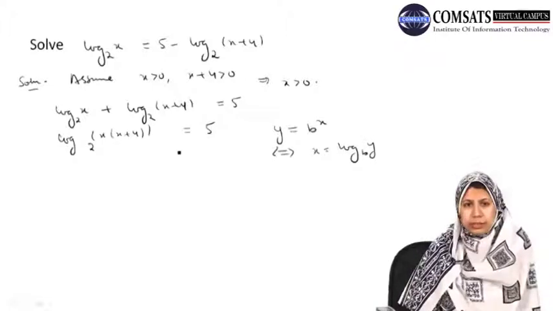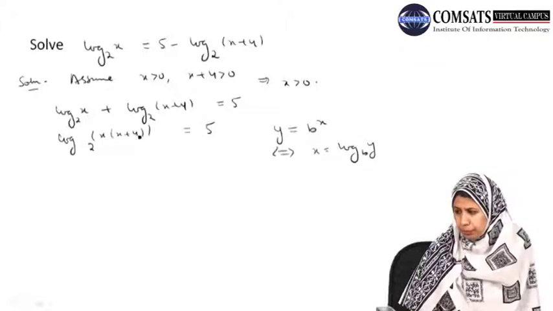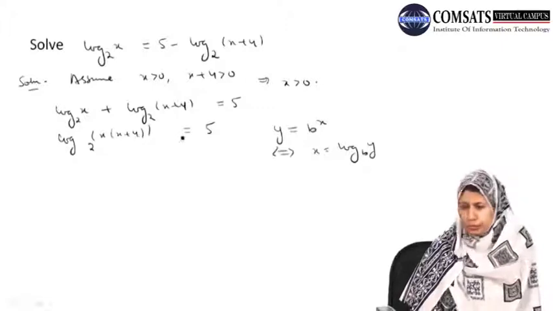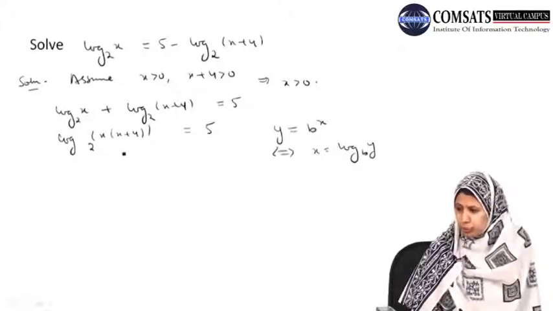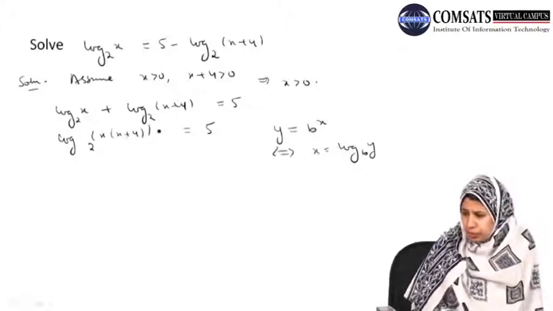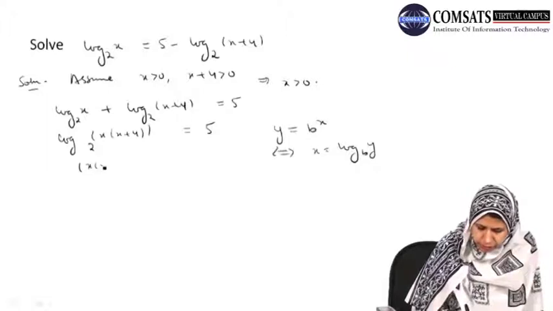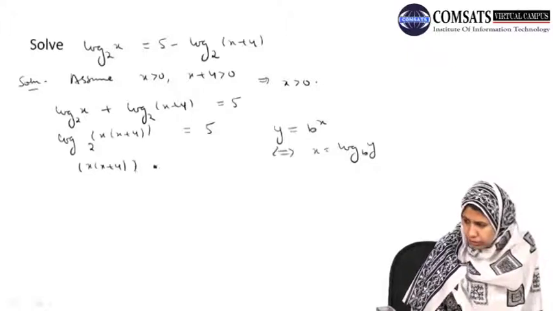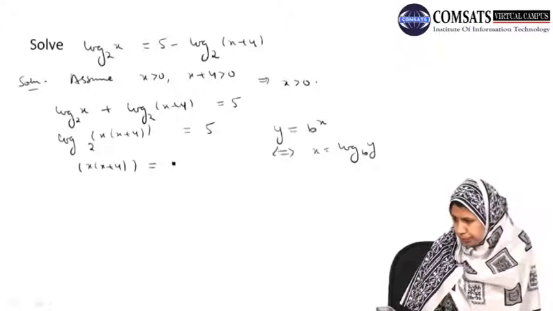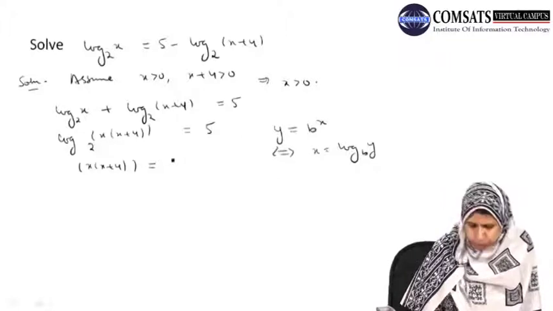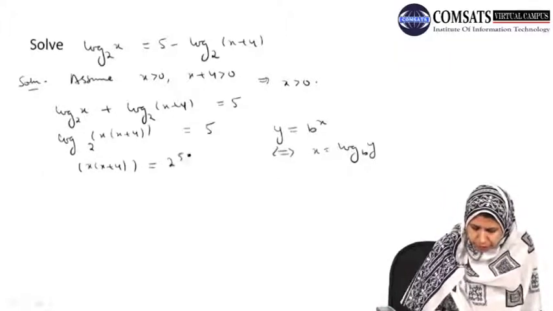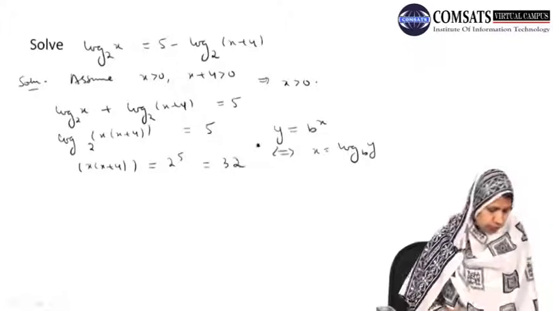Then here y is equal to x into x plus 4, x is equal to 5, and the base b is equal to 2. This can be written in the exponential form as x into x plus 4 is equal to 2 to the power 5, which is 32.